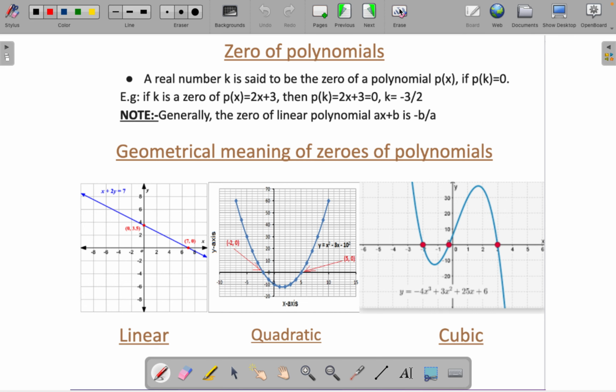Let's move ahead. Now, what do you mean by zeros of a polynomial? Zeros of polynomial का मतलब होता है कोई भी एक रियल नंबर जिसको मैं अगर ज़ीरो पुट कर दूं तो वो आपके पॉलिनोमियल को सेटिस्फाई करे. मतलब कोई भी ऐसी वैल्यू ऑफ के, एनी रियल नंबर वैल्यू ऑफ के विच सेटिस्फाई योर पॉलिनोमियल.